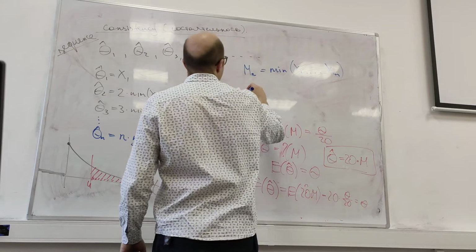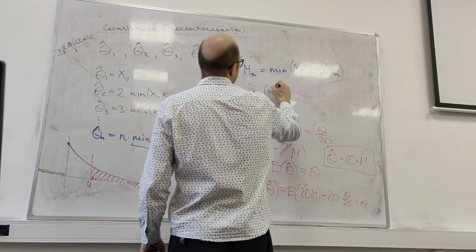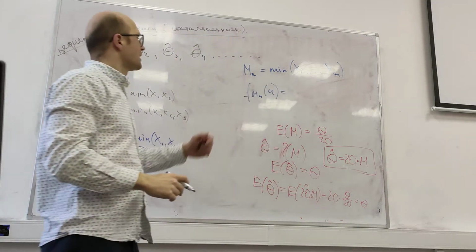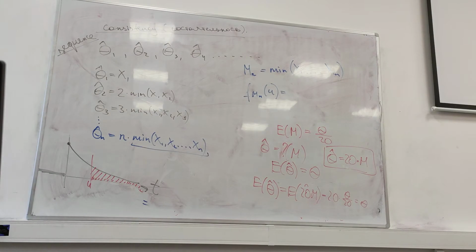So what is the density function of M_n? That's easy. We have calculated the density function for M_20. Now we need a general formula for the density function of M number n.